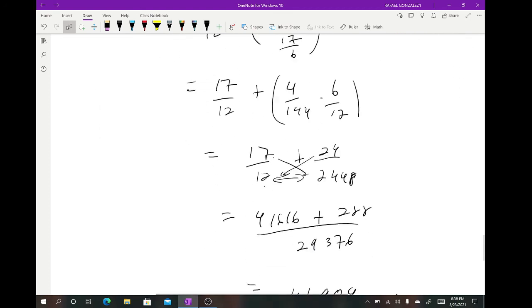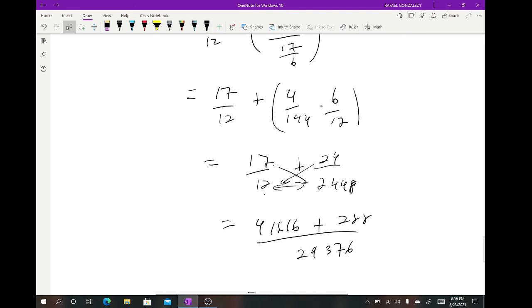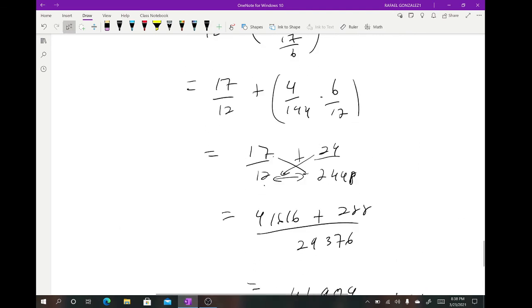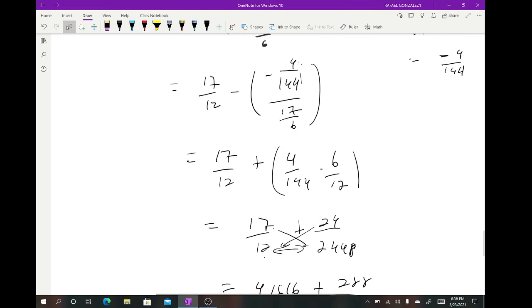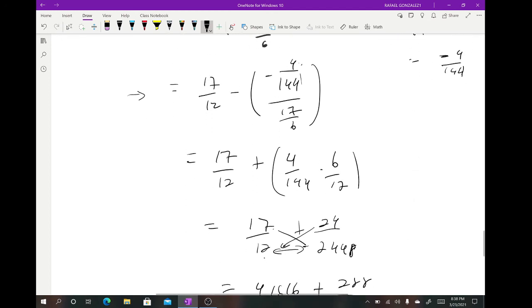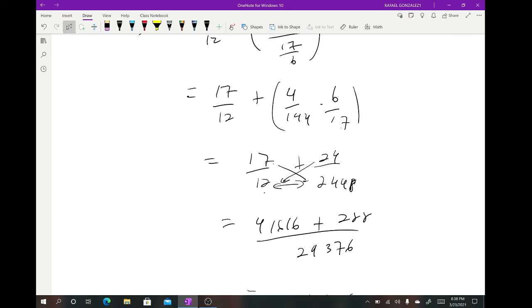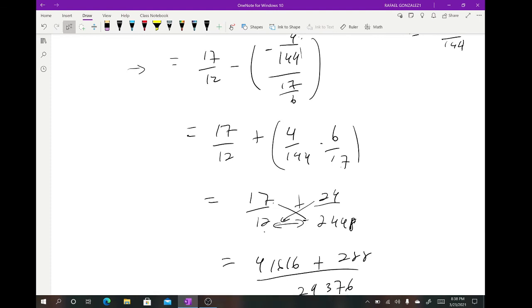In any case, you will keep approximating by using Newton's method, and eventually, I think I did make a mistake though. There is a mistake somewhere. Let's see, and I think the mistake came somewhere here. This is a 17. Okay, let me do this again. Let me just check.